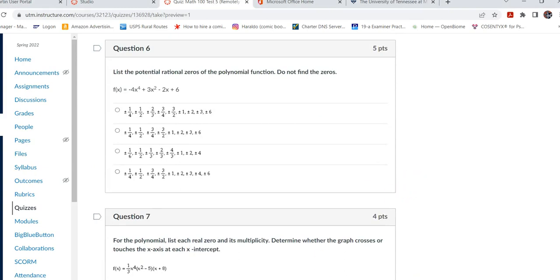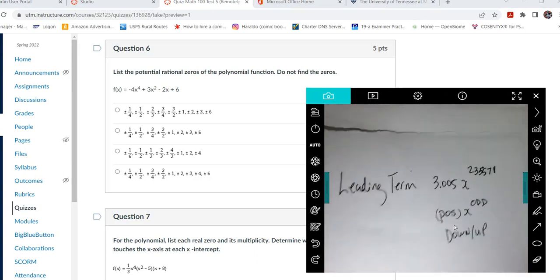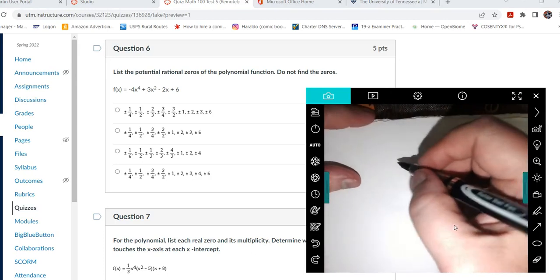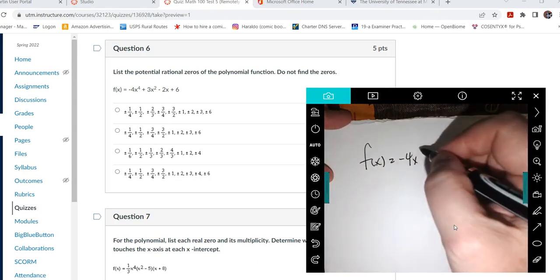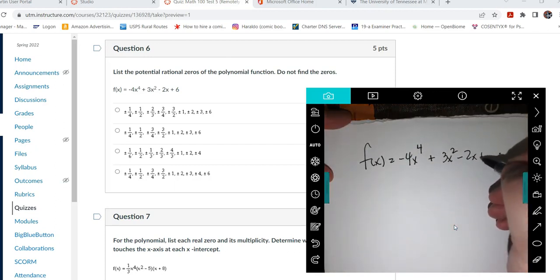Okay, this is the rational zeros theorem. So remember, the rational zeros theorem gives possible rational zeros. So I have f of x is negative 4x to the 4th plus 3x squared minus 2x plus 6.